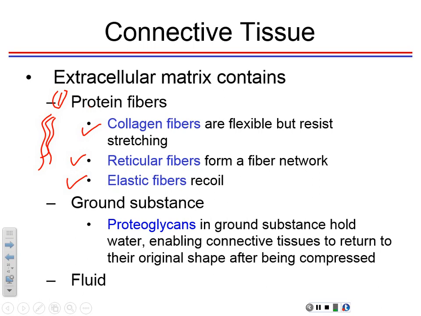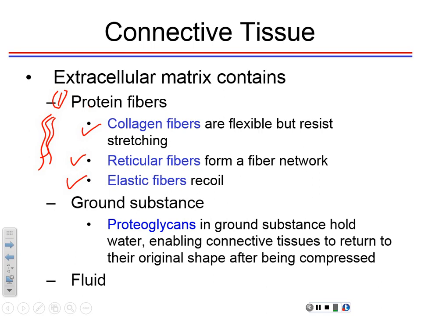All right? Okay, and then what is called ground substance. It's kind of like the substance in between. The ground substance has substances called proteoglycans. What do proteoglycans contain? Those two main compounds we talked about at the beginning: proteins and carbohydrates.